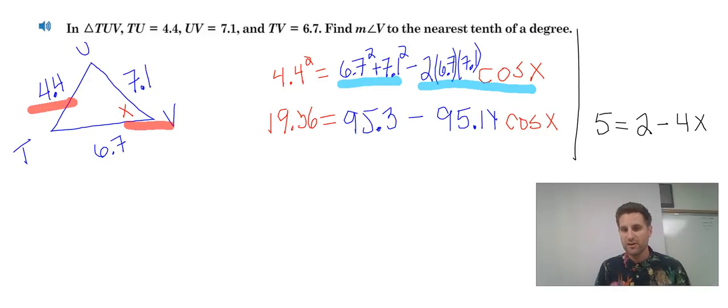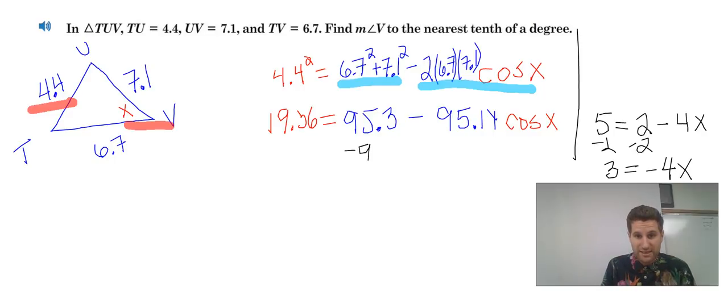So what I have to do over here is subtract the 2 from both sides, and then we get 3 equals a negative 4x. That's what I have to do here: subtract 95.3 from both sides. Just like a two-step equation.